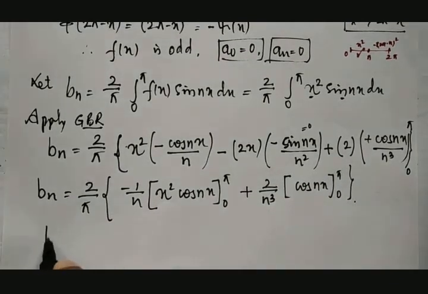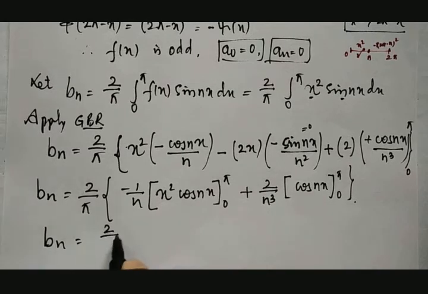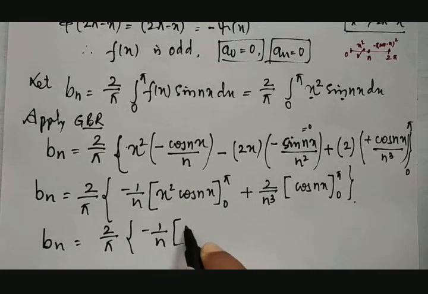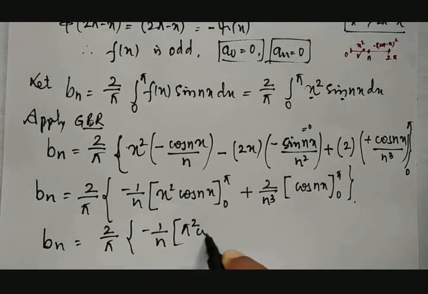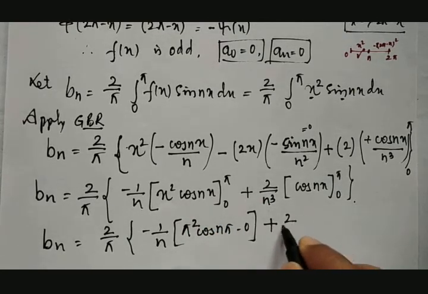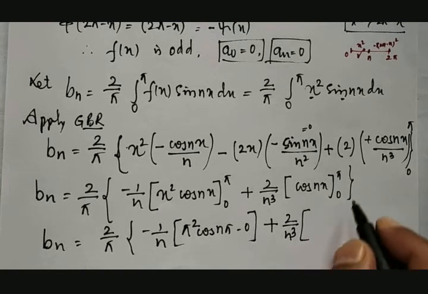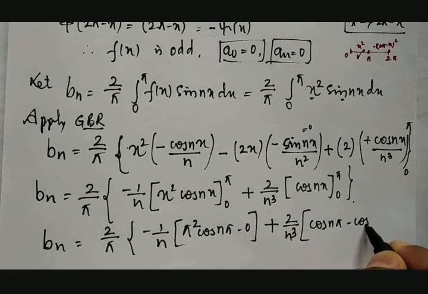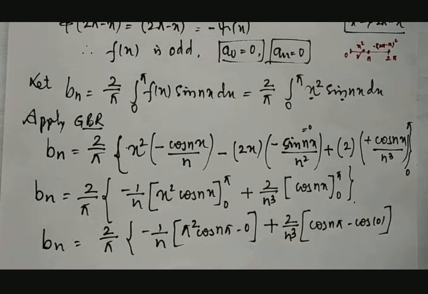Fine. So bn is equal to 2 divided by pi into minus 1 by n. Substitute the upper and lower limit, it becomes pi square into cos n pi minus 0 into anything is 0, plus 2 divided by n cube into upper limit cos n pi minus cos 0.